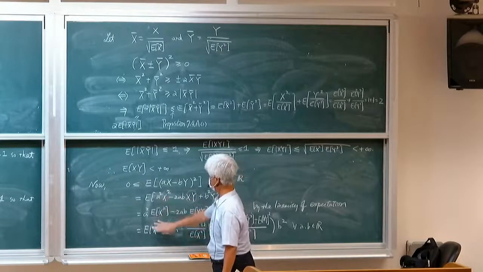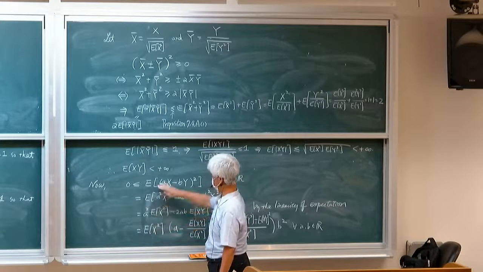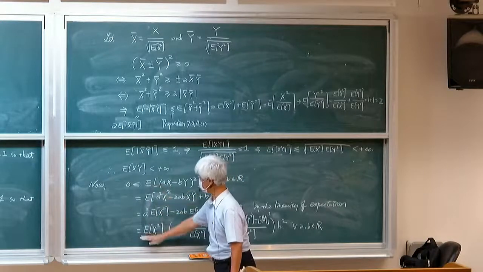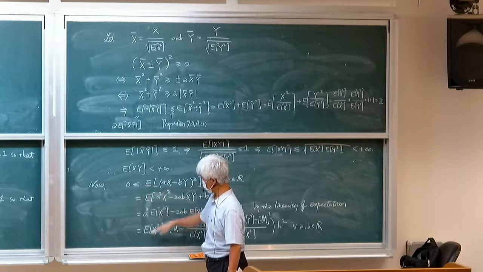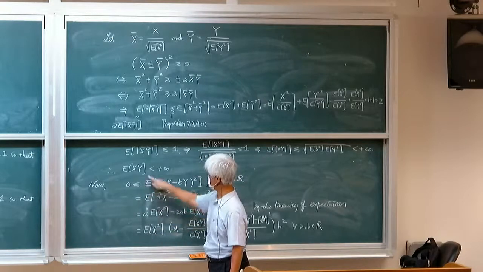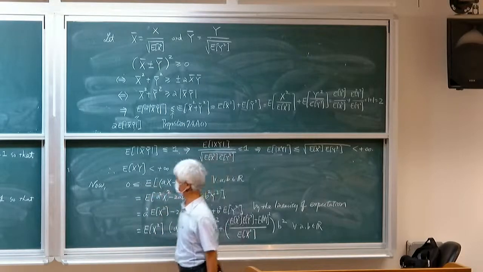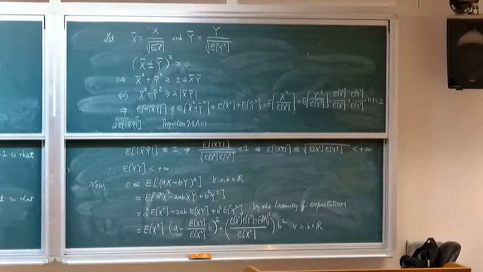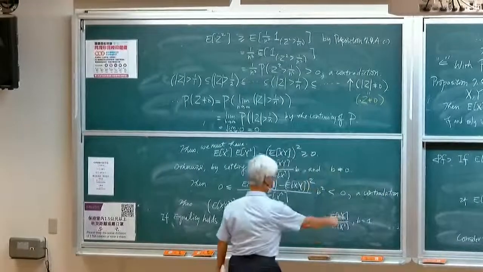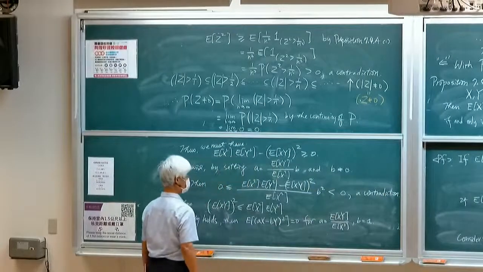Then this is 0, because this is greater than or equal to 0, and this is 0. So that expectation is 0. Okay. So we have that situation here.